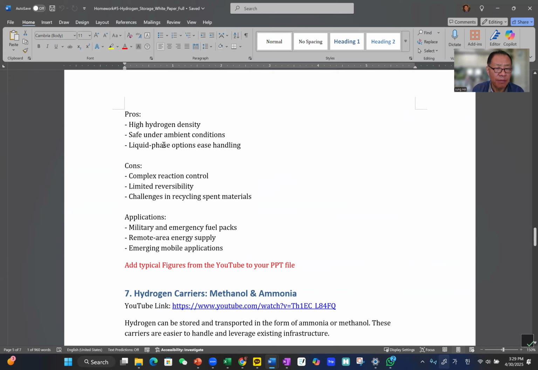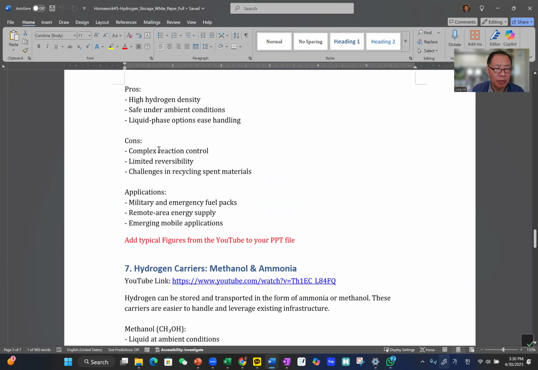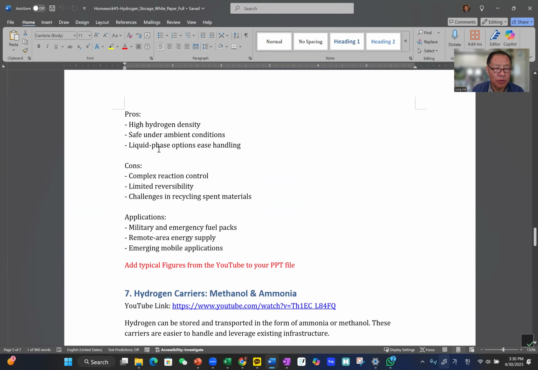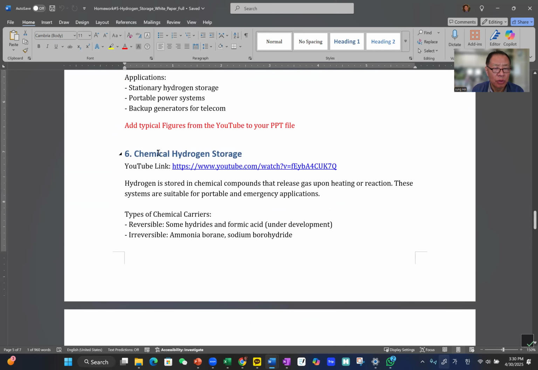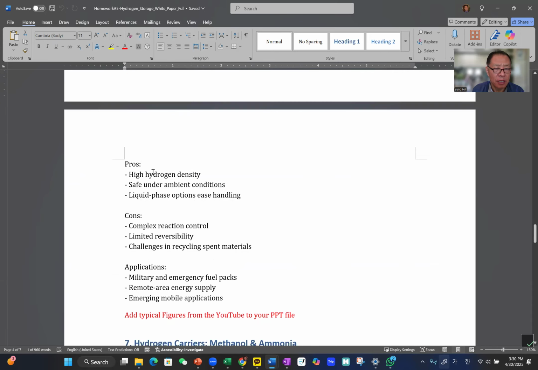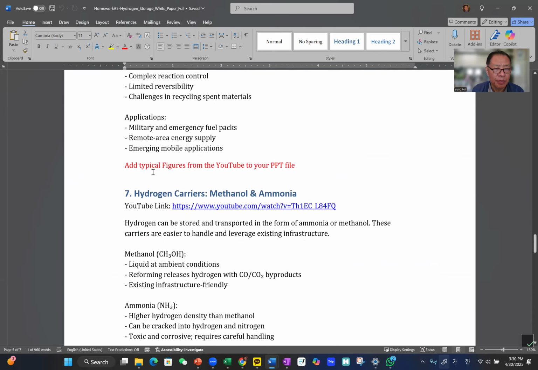But the problem is we have to have some reaction to become chemical hydrogen. As applications, military emergency fuel packs, and there is still a lot of research going on here.